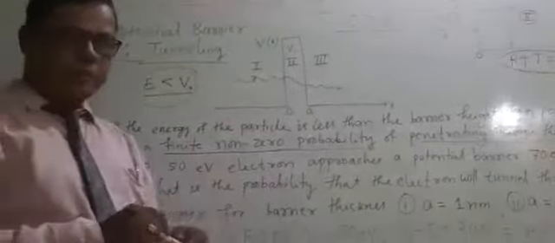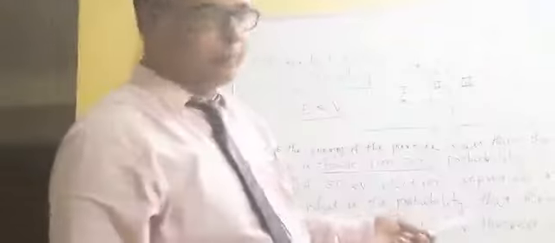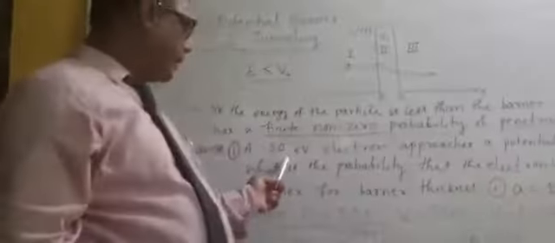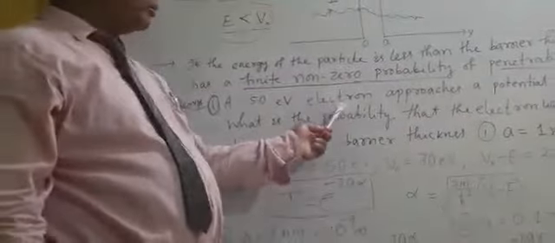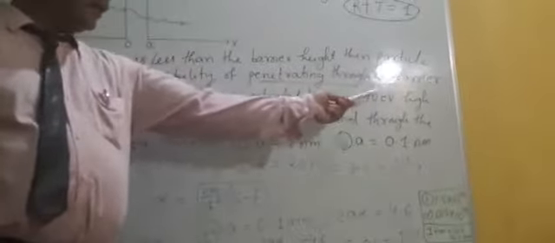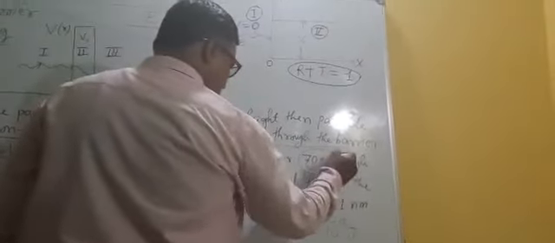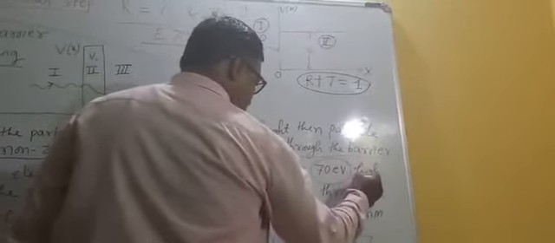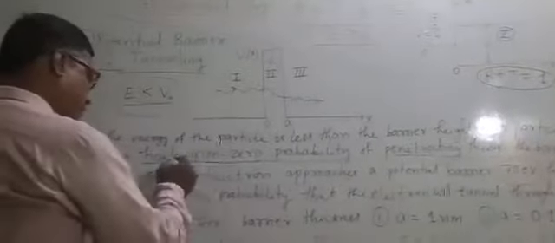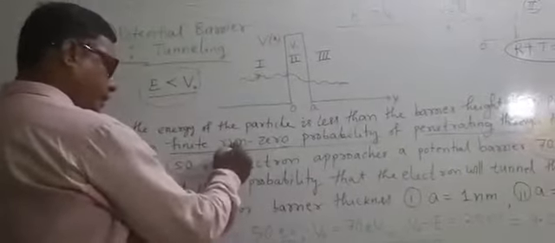Based upon this tunneling, let us discuss one problem. A 50 electron volt electron approaches a potential barrier 70 eV high. So 70 eV is your V naught, and 50 eV is the energy of the particle.